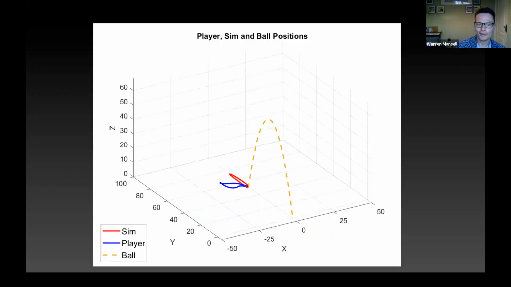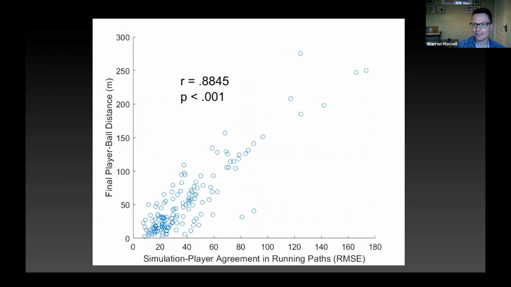Then what you can do is plot the movement of the player and the movement of the simulation trying to catch that same ball. And then you can plot everybody's model fit on the x-axis against their distance from the ball on the y-axis. And this is where we get a really nice confirmation of our hypothesis. The better the person is at catching the ball, the better their model fit is.